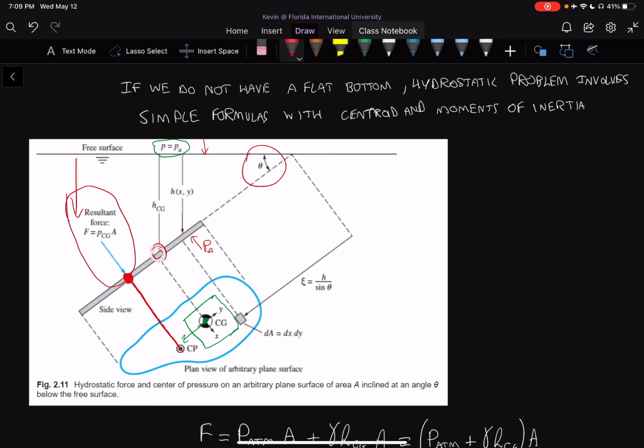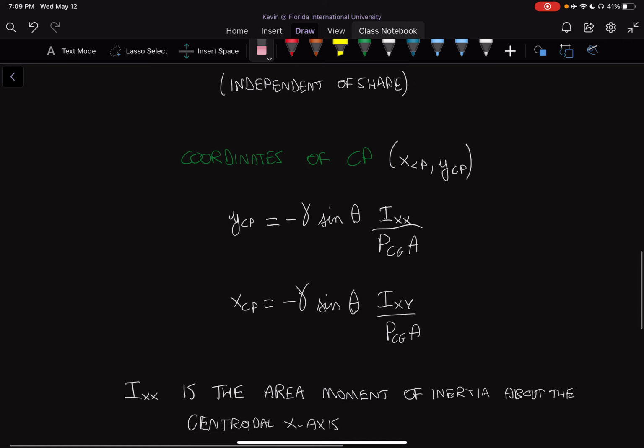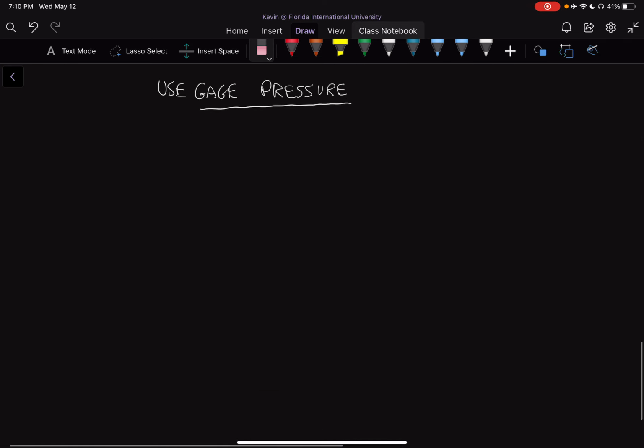That's the case if we have, let's say, one side of the plate that is not completely underwater. If both sides of the plate are underwater, you should consider ambient pressure, but it usually won't have a big effect. It really depends. But I'm going to write down the equations for gauge pressure as well, because sometimes we might be invited to use them.